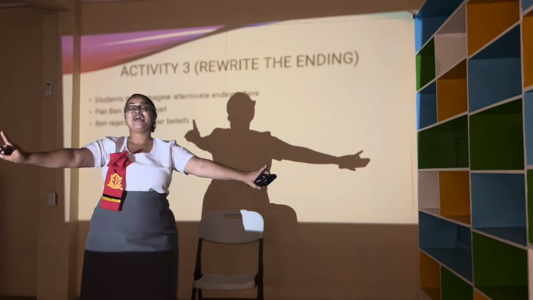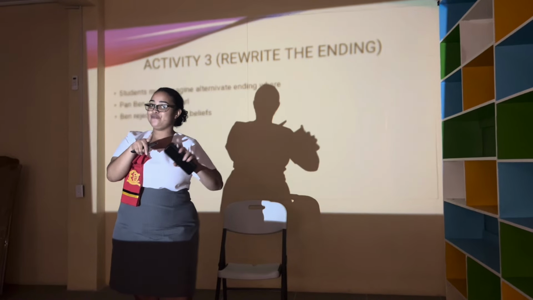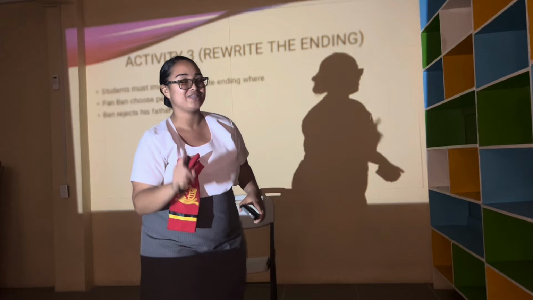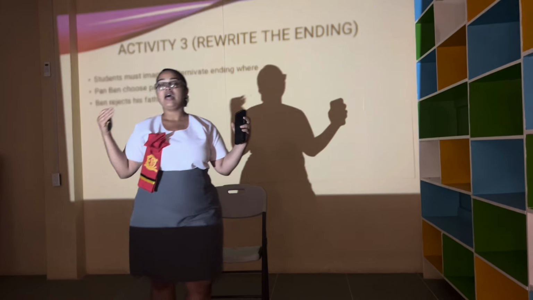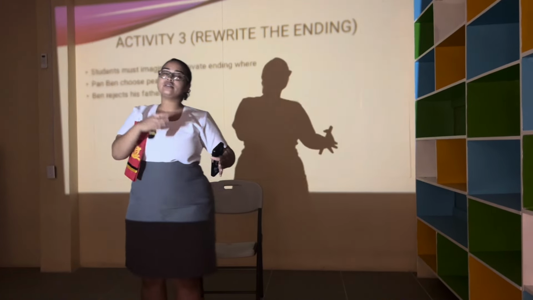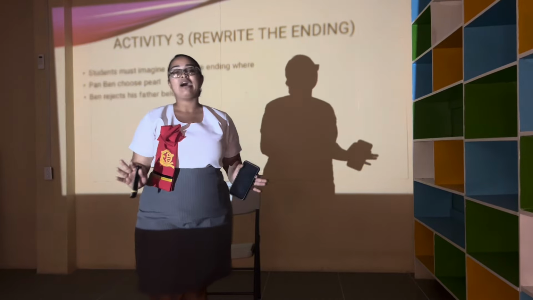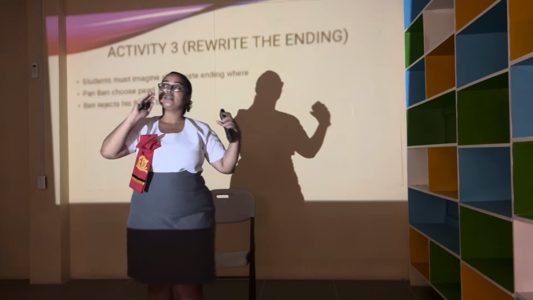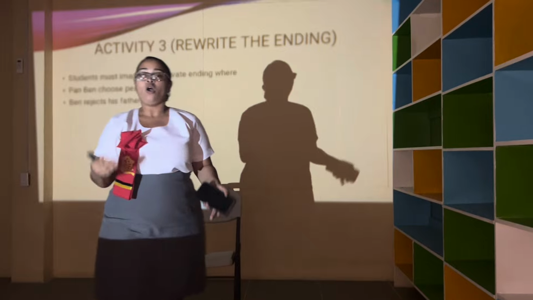Now our last and final activity. I know I said that before, but this here is our actual last and final activity. Now that we have written and we have felt and we have explored everything related to the play, we are now going to rewrite the play with an alternate ending. Let's imagine that Mr. Ben did not marry Miss Aggie.